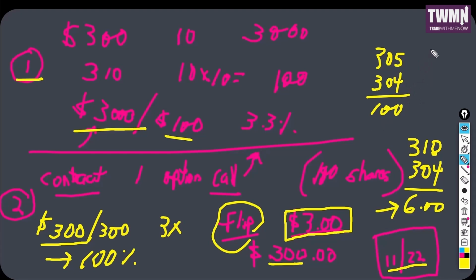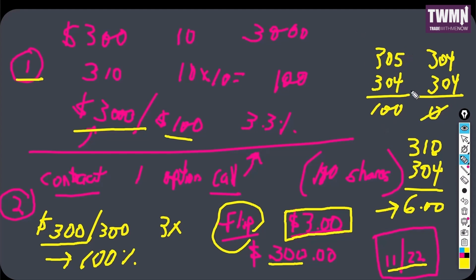Price went up, you were right, but it only went to, let's say, 304 as an example. The actual price went from 300 to 304, but you own the 304. That means it's worthless. It's not worth anything. So if it was worth 305, you made 100. If it was worth 306, you made 200.